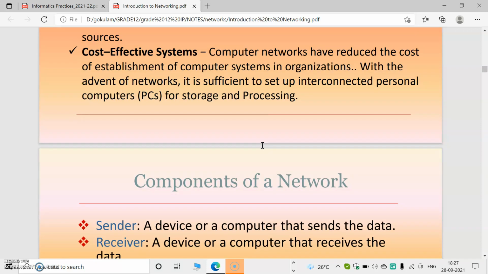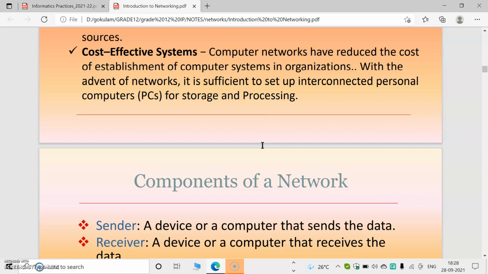And cost effective system. Cost effective system means we can work from anywhere. By using these networks, we can share data, or for example, in the case of a project, some module descriptions from Kerala, others from Delhi, others from the US, others from London. It is also possible. So we can do the project in London from here, from India also.